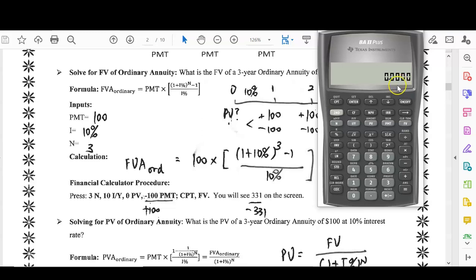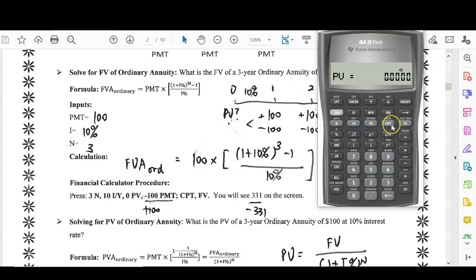Because we have 3 years, we input 3 as N. And then we input interest rate as 10, I. For present value, we do not have present value because there's no cash flow at time 0, so 0 PV.